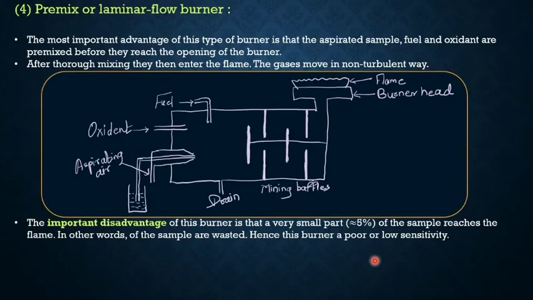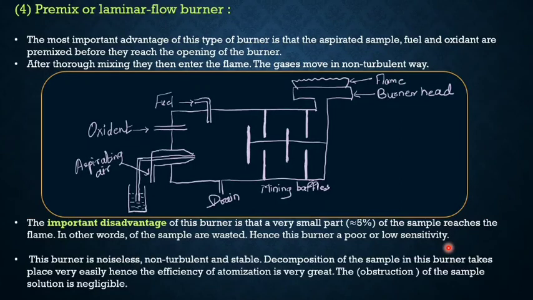We have already seen the advantage of the total consumption burner: it has 100% efficiency. But in the case of the premix burner, only 5% of the sample reaches the flame, so it is poorly sensitive. So these are the 4 burners which are used in the flame photometer.